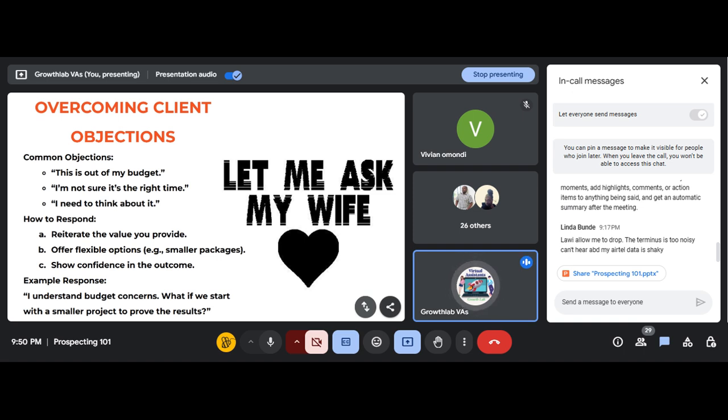Maybe they say that this is out of my budget, and being a first timer, you are worried whether you are undercharging, you're overcharging. You're not sure. So you should try to take lead, reinstate the value you provide, be flexible.